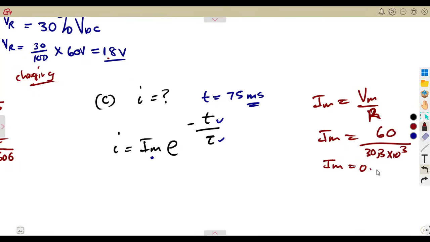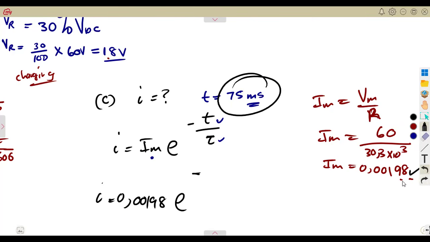That was going to be 0.00198. I just need 3 digits there. You can write in milliamps, which is fine. Okay, I'm just going to take this value, guys, as it is here. That is our Im. So with this Im, we're just going to substitute to calculate the current. So I is 0.00198 e to the exponent of minus t, the time given, 75 milliseconds times 10 to the exponent of 3 over tau.